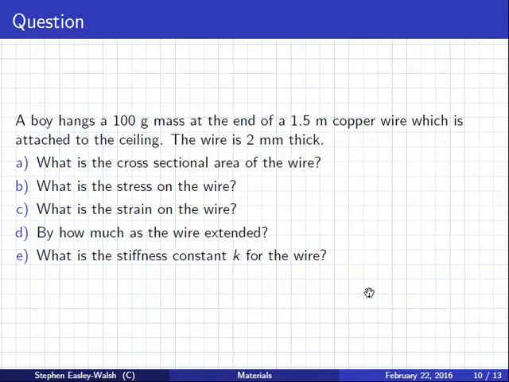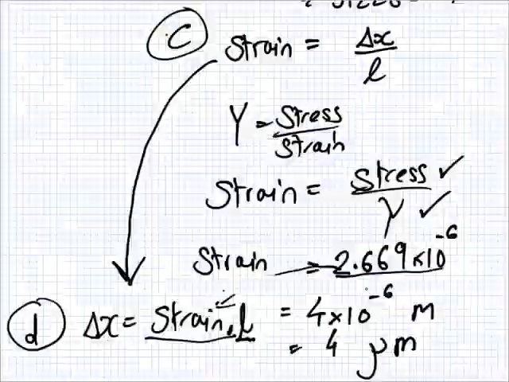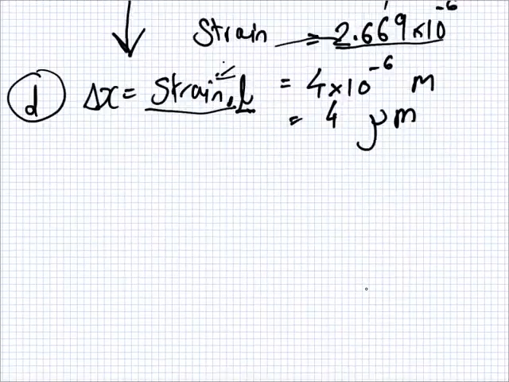Another part, sorry. E. What's the stiffness constant? What's the K? So what formula could we use to get K? Well, we could use Hooke's law. Or there's another formula I know.